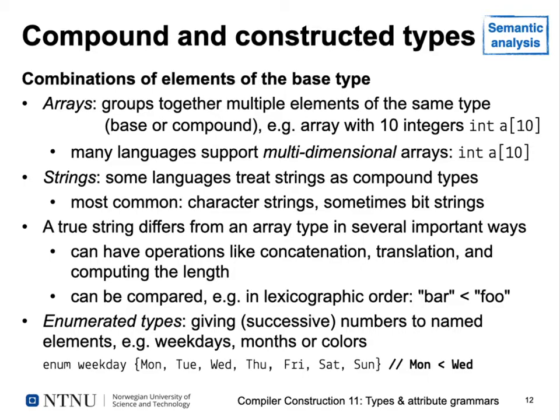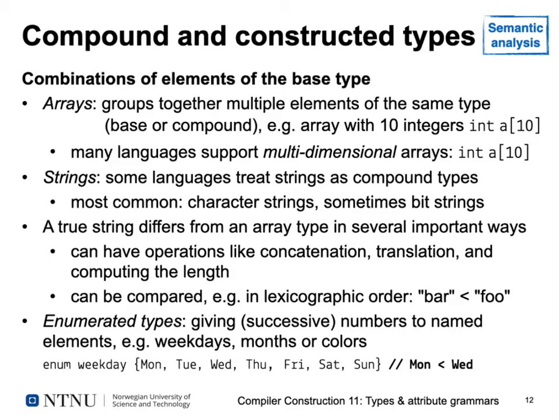Another type that has multiple elements of the same type are strings, as we've seen. Some languages treat strings as compound types instead of a basic type. Most commonly we've seen this in character strings, and sometimes there are also bit strings, where you can have sets of bits that belong together.